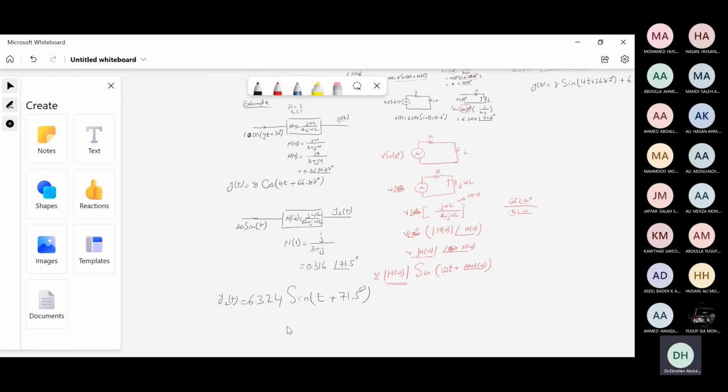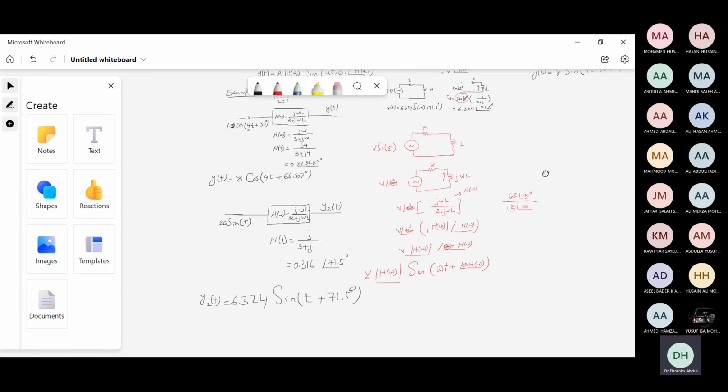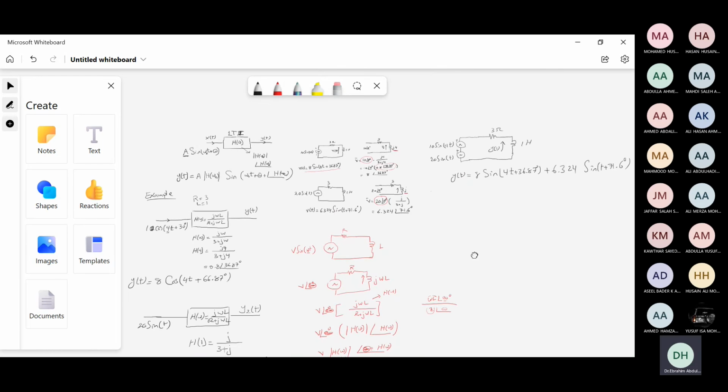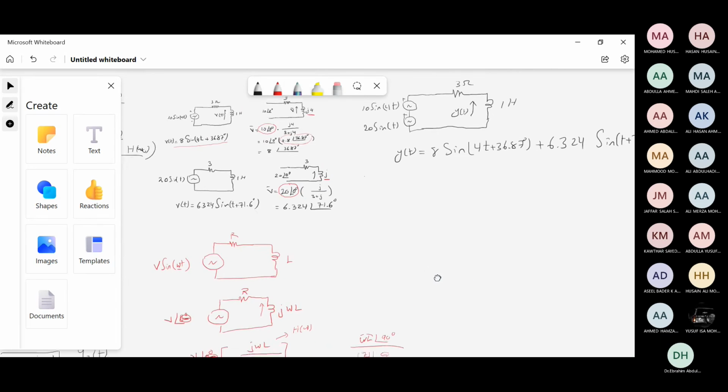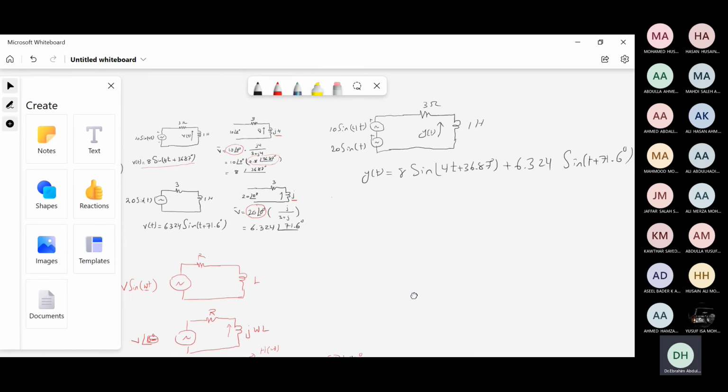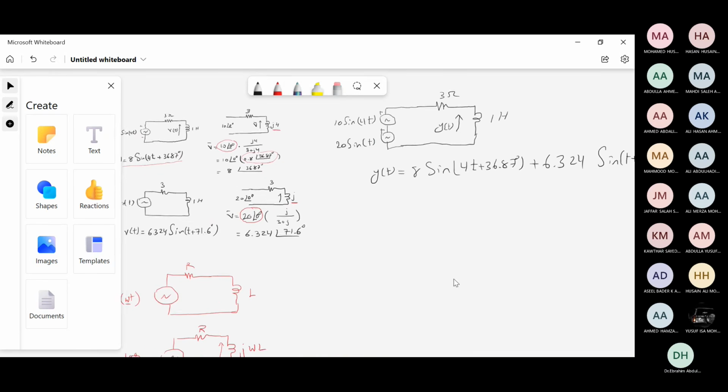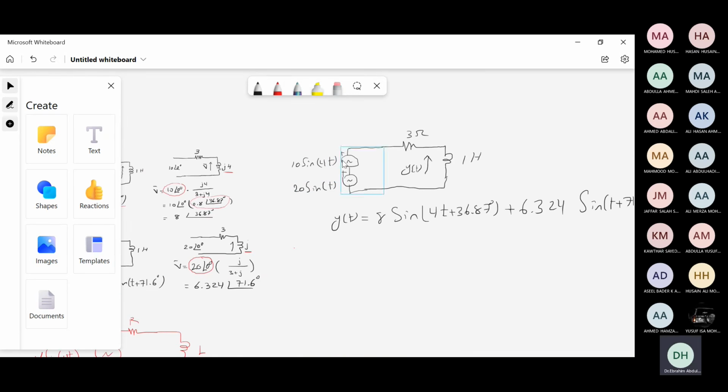It's very easy. It's a revision. Why are we explaining all this again? The point here is: if we have a sinusoidal input, we will get a sinusoidal output, and if we have many sinusoids connected in series, then we can apply superposition and find the output from each, considering one source at a time.